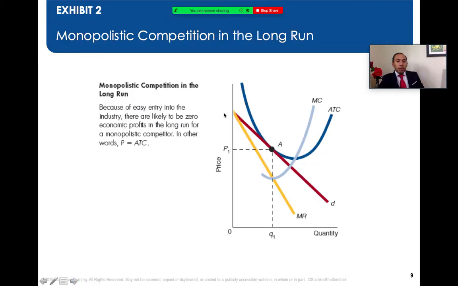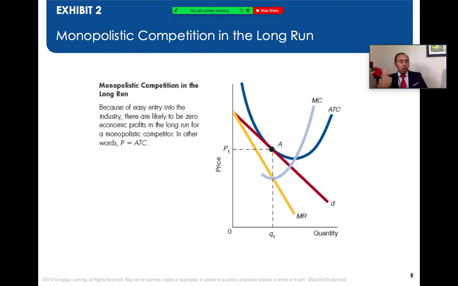So if we look at our model in the long run, exhibit number 2 shows the monopolistic competitor with ongoing competition of entry into the industry. Think about all of the automobile industry firms that entered later on.